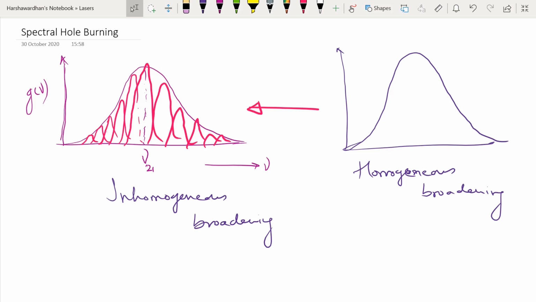So let's look at the notion of saturation pictorially. So you see that if I'm looking at saturation and imagine that my laser frequency nu L is oscillating in this range, this frequency is in resonance with a specific collection of atoms, which is within that homogeneously broadened line width, but centered at nu L. It is only these atoms that will see this radiation on resonance.